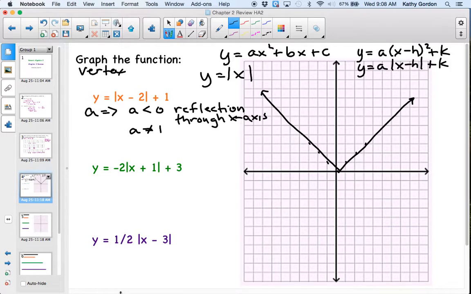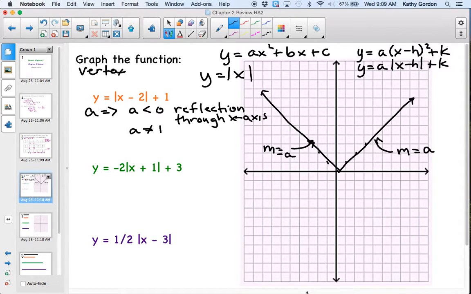For right now, with absolute values, the trick is whatever your a is, that's the slope of your right branch. Okay, let me say that again. This part of our graph, the right side, the slope of that will equal whatever a is. And then this side will simply be the opposite of a.